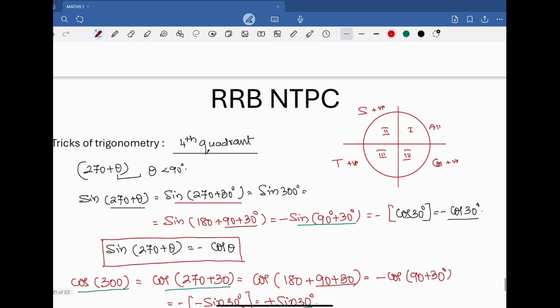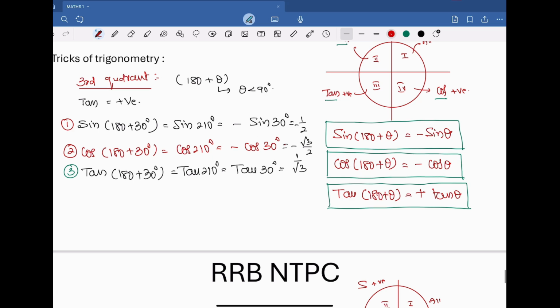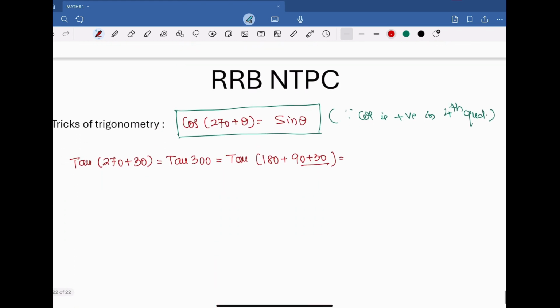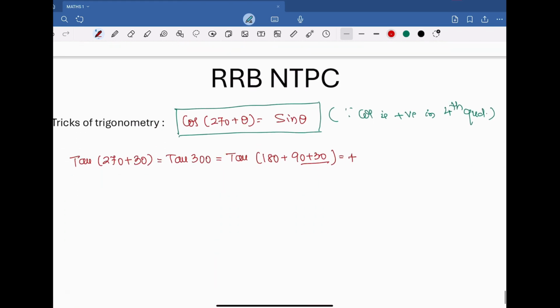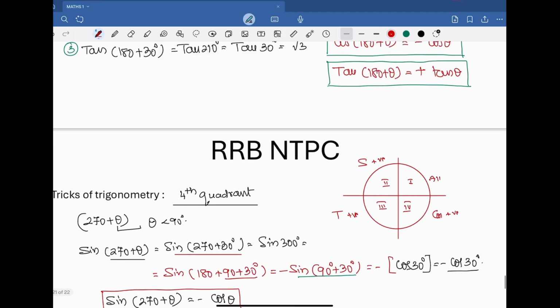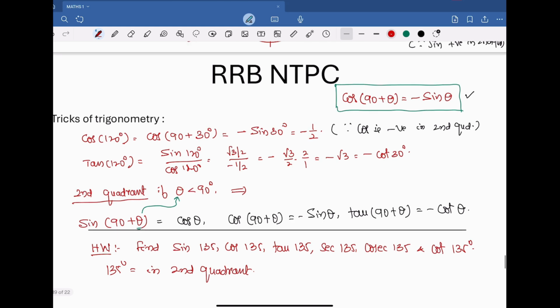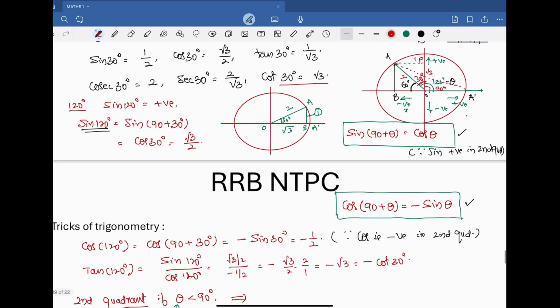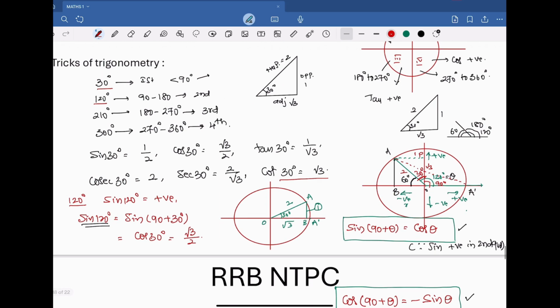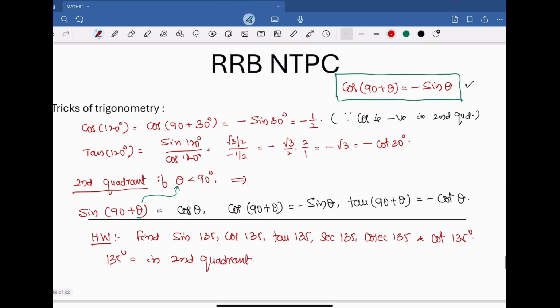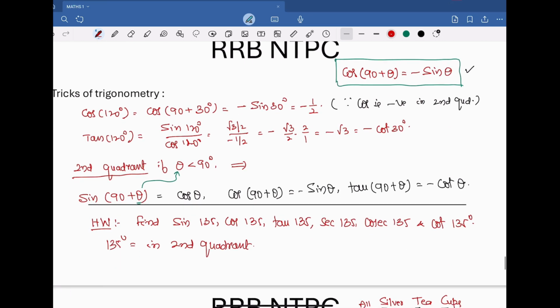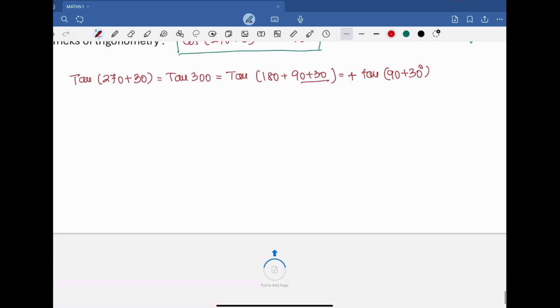Tan 180 plus some theta is equal to plus tan theta, so plus tan 90 plus 30. Tan 90 plus theta is minus cot theta.